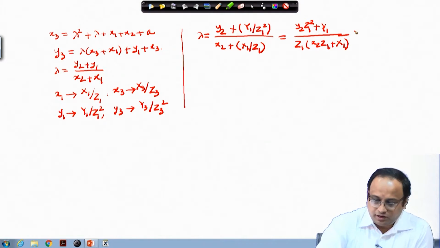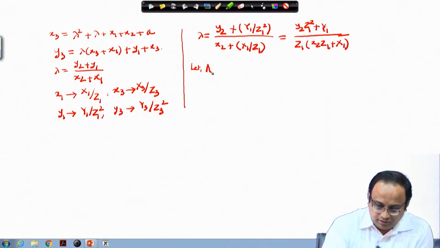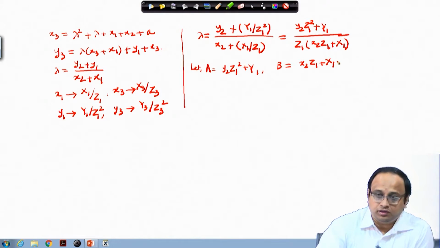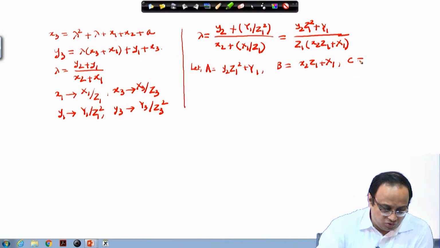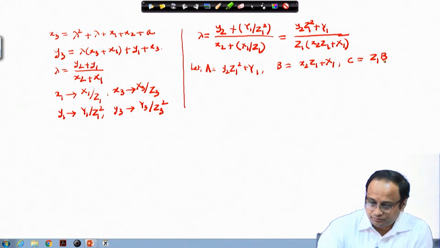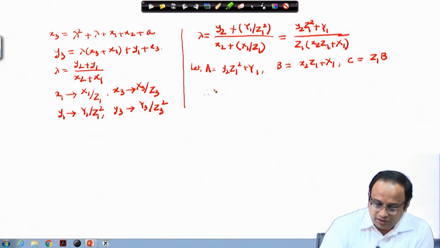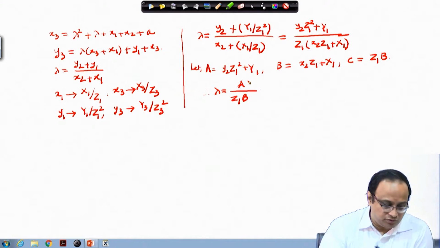Therefore, we will write here that let A hold the value of y2 z1 square plus Y1, and B hold x2 z1 plus X1, and let C hold z1 B. In that case, lambda becomes nothing but A divided by z1 B.